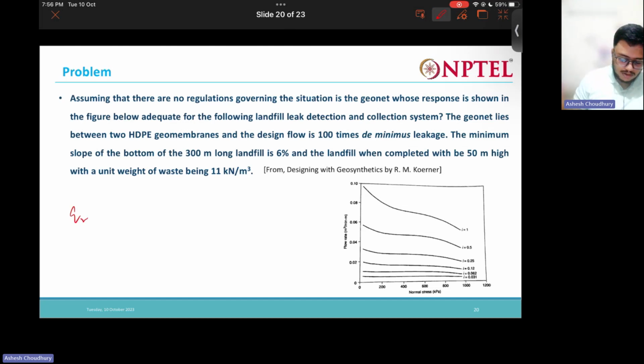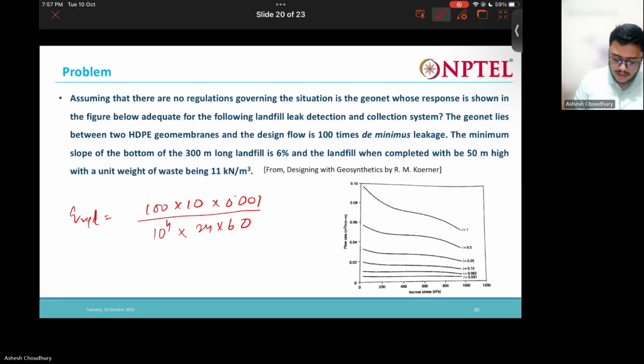So Q required you will directly get: 100 times 10, 10 liter per hectare per day, 0.001 meter cube, then hectare is meter square per day, we get into minute, right? Times the length. This will come out as 100 meter cube per day per meter.